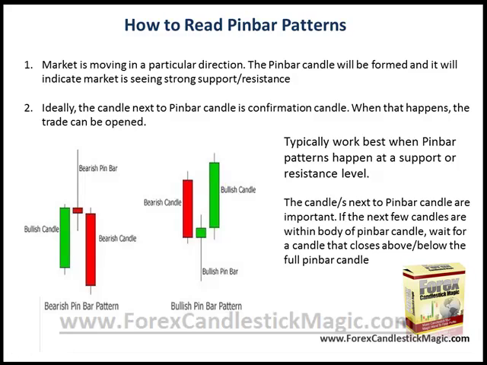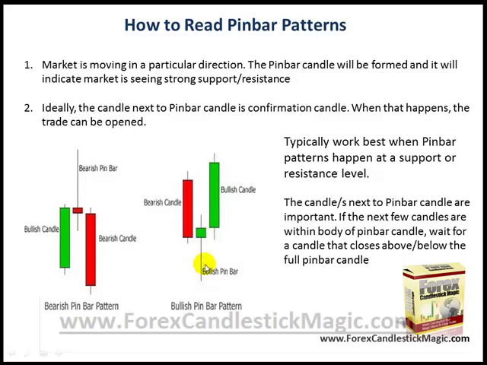Now in some cases, in fact in about 40 to 50% of cases, you would see that the next candles are not the confirming candles. The next 3 to 4 candles will typically form within this body. There will be a candle here, there will be a candle here, but the high and low of those candles will be inside this pin bar candle.